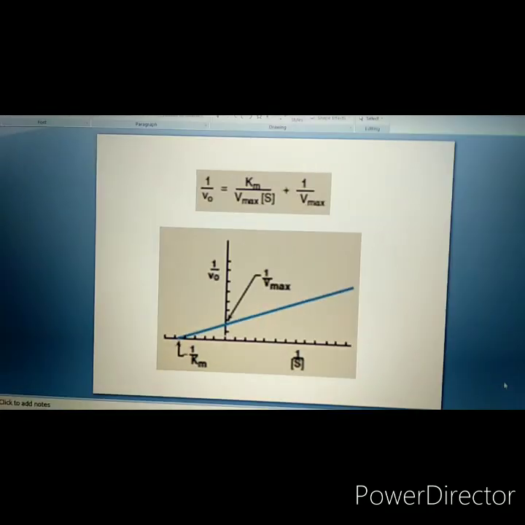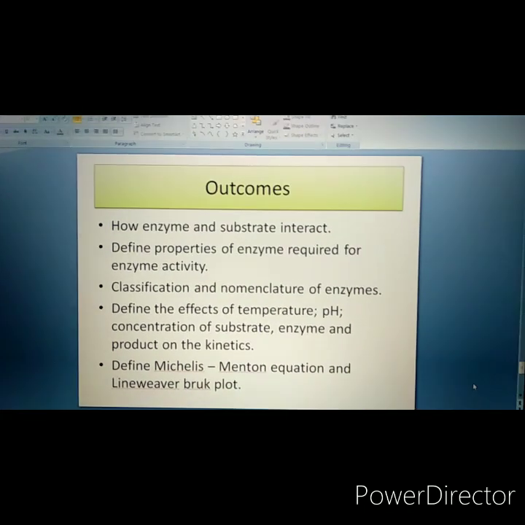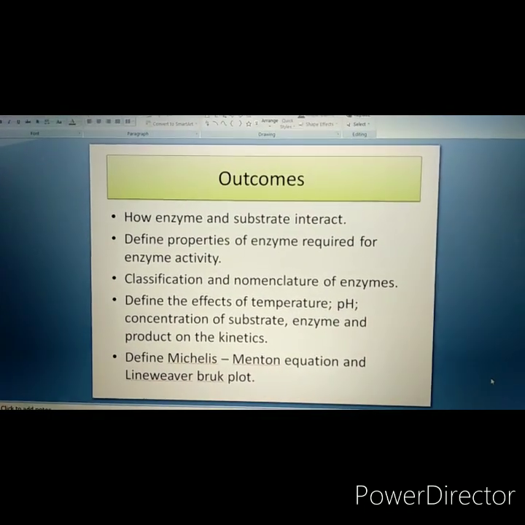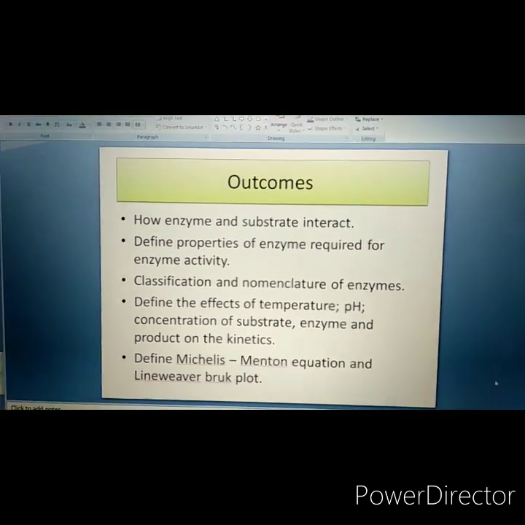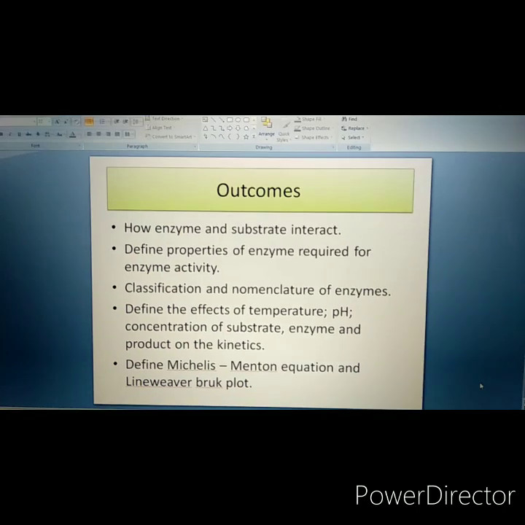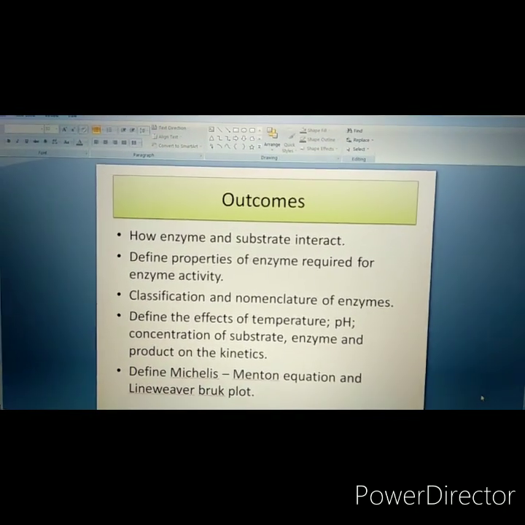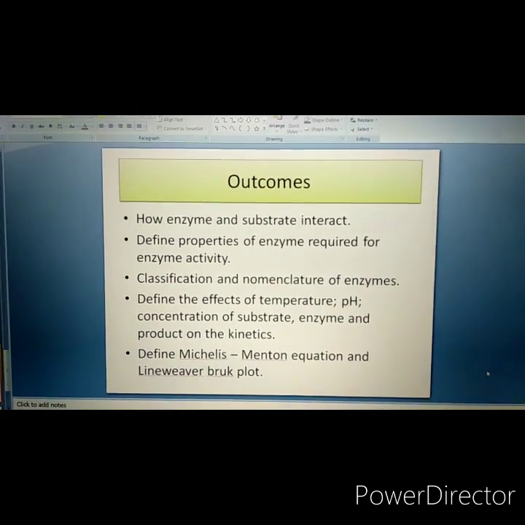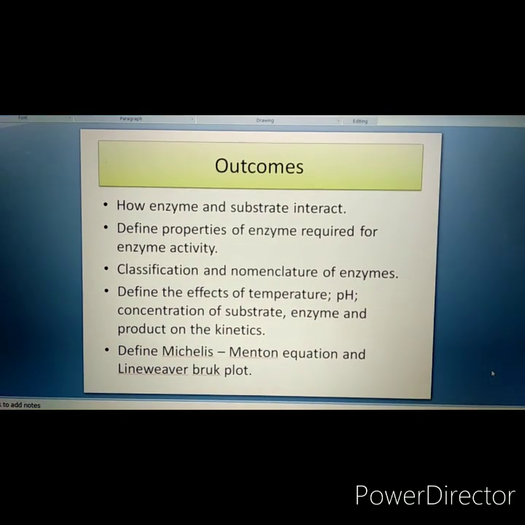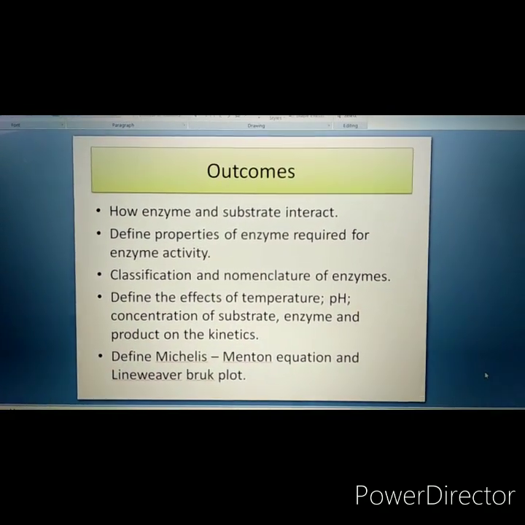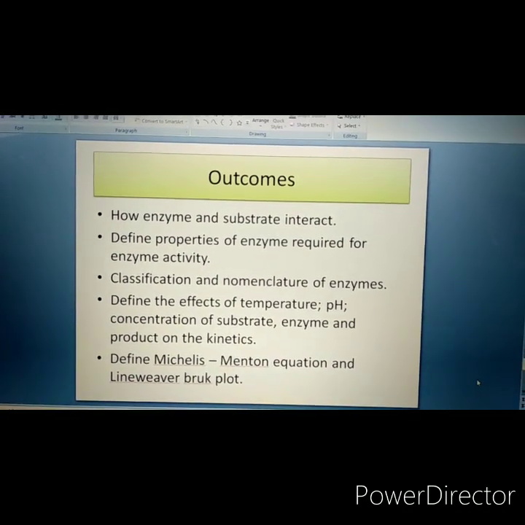So this is all regarding today's session. Today we were able to define how enzyme and substrate interact with each other, how the enzyme substrate complex is formed, how it is converted into enzyme and products, and different properties of enzymes that affect enzyme activity. Then we classified enzymes and defined a nomenclature for them, and also saw how temperature, pH, concentration of substrate and concentration of enzyme affect the kinetics of the reaction.